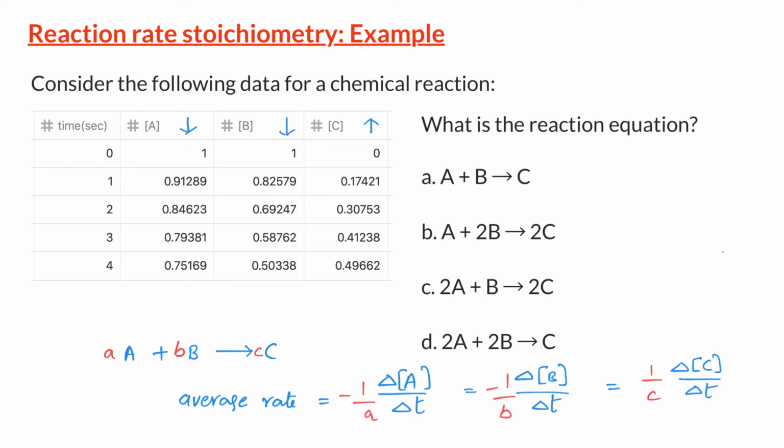For that, we need to determine the relative rates of appearance of products and disappearance of reactants. Let us pick a time interval and calculate the reaction rate in that time interval. I am going to pick the entire time interval, that is the 4 second interval.